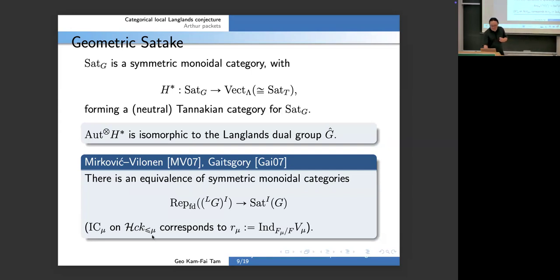I fix one cocharacter and I pull this stratum to the Hecke stack. So this is the one, and I take closure of that. And the IC sheaf on the closure in the Hecke stack corresponds to this representation of LG. So what you have is this V_mu, the highest weight module, parameterized by that dominant cocharacter mu.